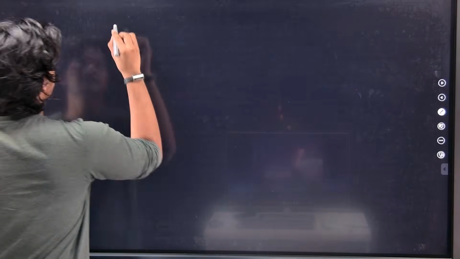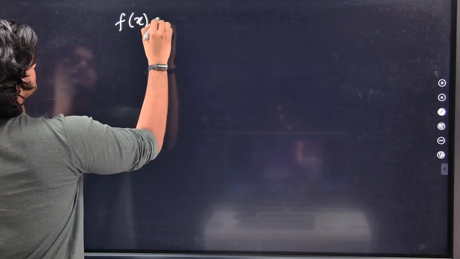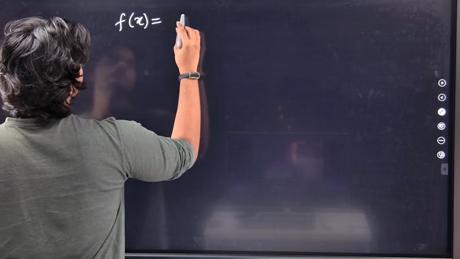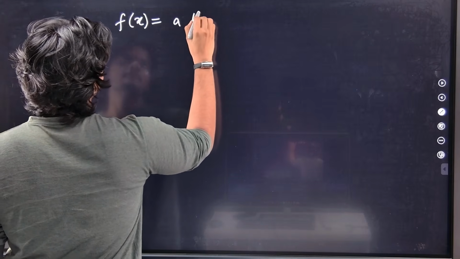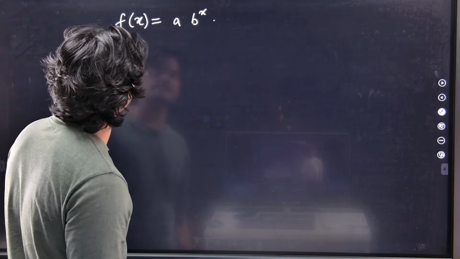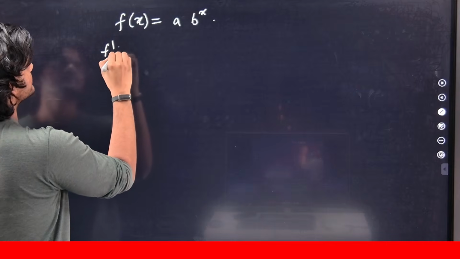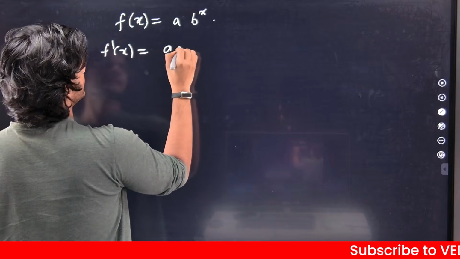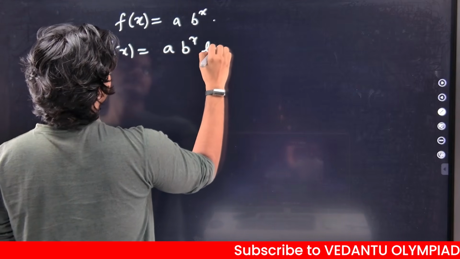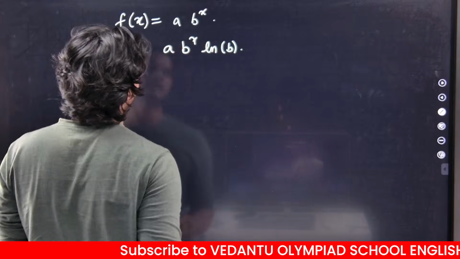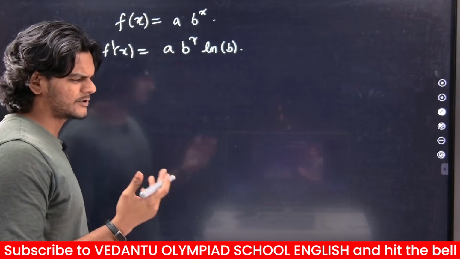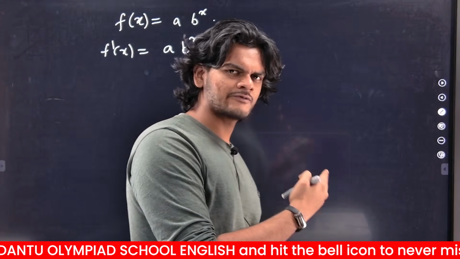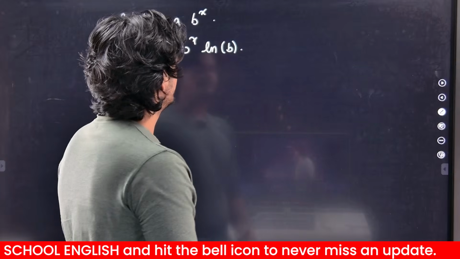So if f of x is equal to a b power x, interesting. So what is f dash of x? It is a b power x natural log of b, right? We are assuming b is positive, obviously, because we are taking from R plus to R plus again.